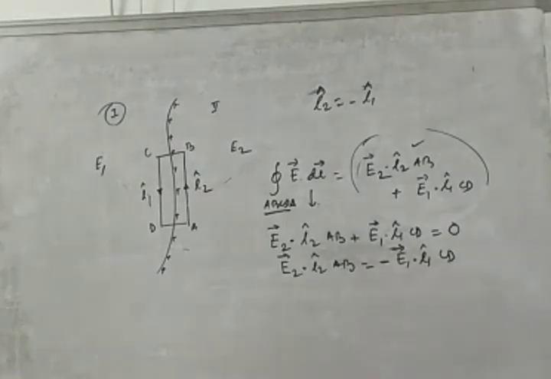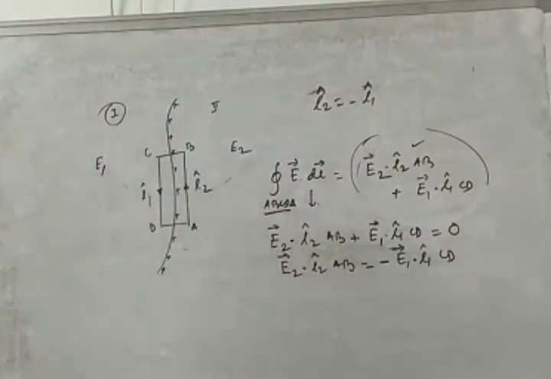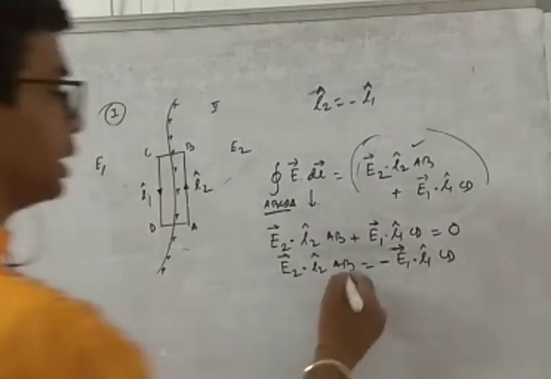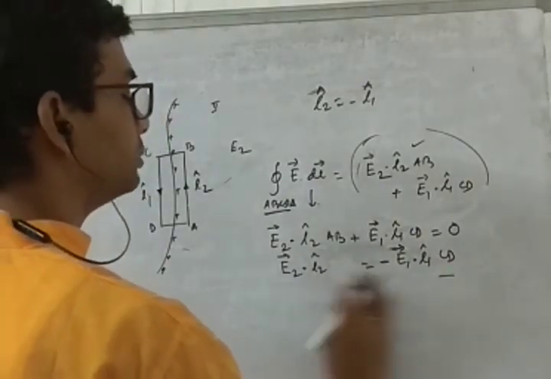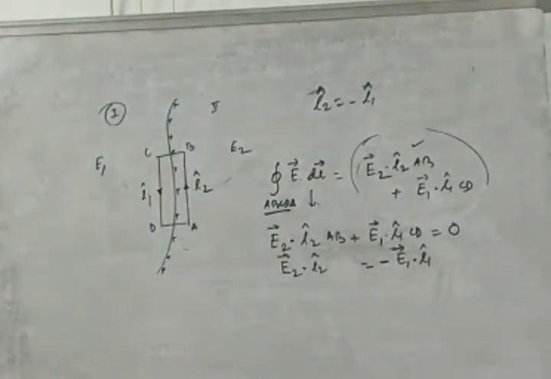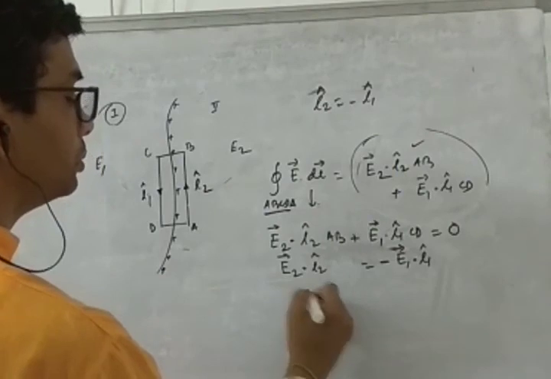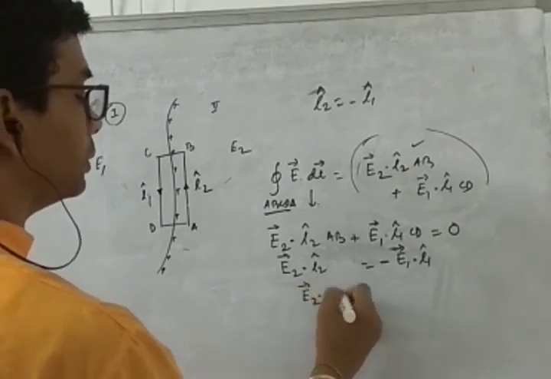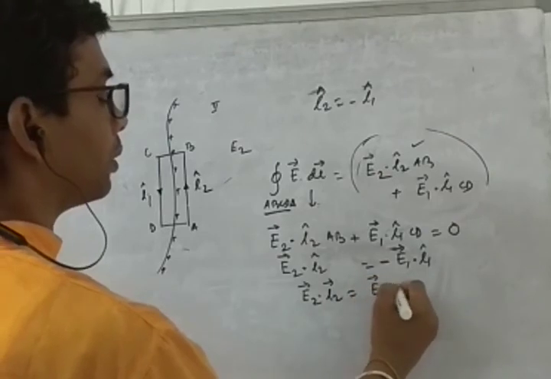Now since AB and CD are equal, because we consider this as a rectangular loop, these two terms cancel. So we only have E2 dot L2 is equal to minus E1 dot L1. But minus L1 is L2, so you can write E2 dot L2 is equal to E1 dot L2.